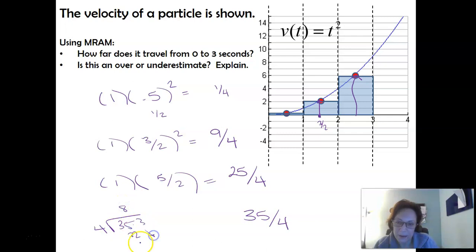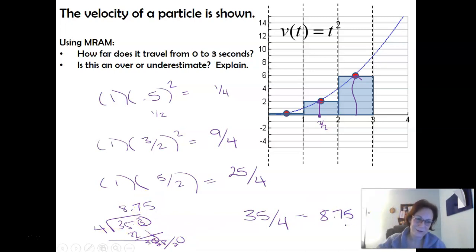Get a 3, you bring it on down, 4 into 30 is like 7, 28, you get 2, you bring it on down, 8.75. Nobody did long division but me. I'm the only one. Okay, so MRAM says 8.75.